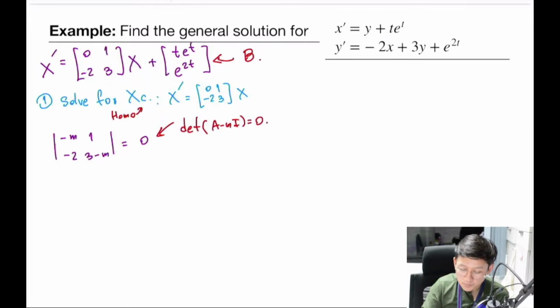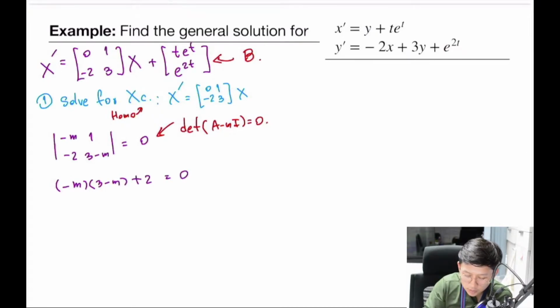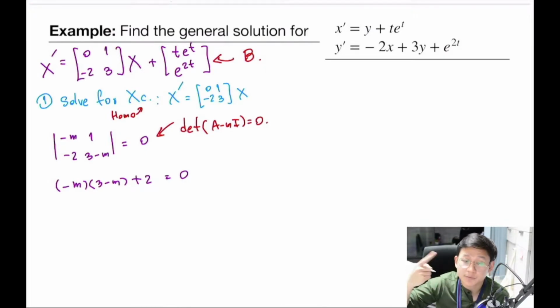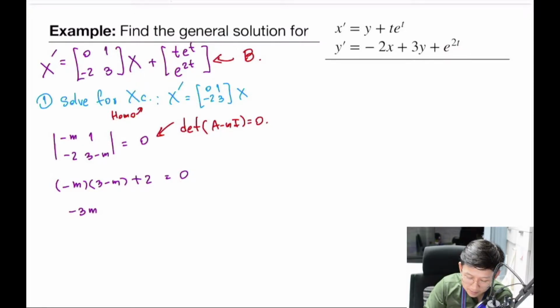After that we compute the determinant, and that would be minus m times 3 minus m plus 2 equals 0. Multiply up is negative. So you get minus 2, and that is plus 2. So we get minus 3m, and then plus m squared plus 2 equals 0, and that is m squared minus 3m plus 2 equals 0, and then we factorize it.